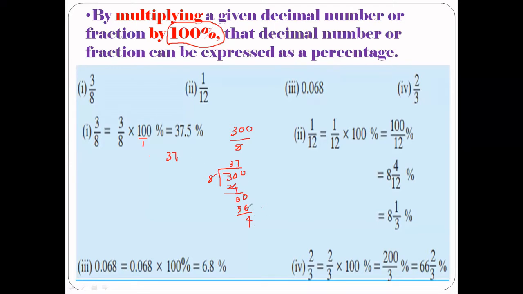If we write this as a fraction, then 37 remainder is 4. Denominator is 8. So you can write this as 37 and 4 over 8. Here you can simplify this also. 37 and 4 over 8 can be written as 37 and a half.